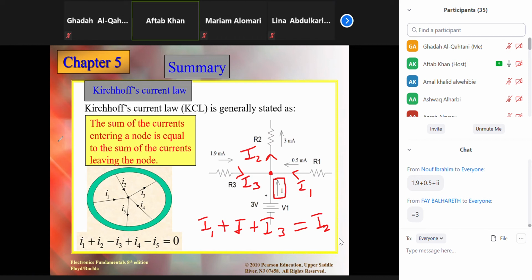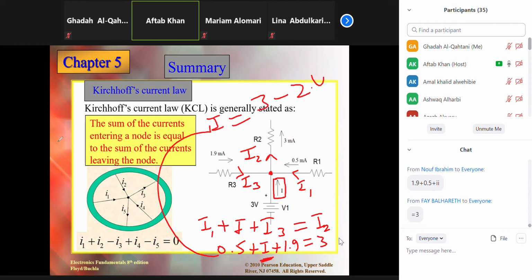So I1 value is given already, which is 0.5, plus I plus I3, which is 1.9, is equal to 3 milliamps. So I can find the value of I, which is 3 minus 2.4, which is going to be 0.6 milliamps.